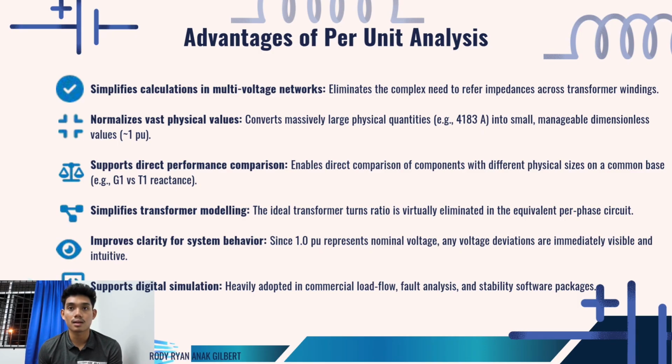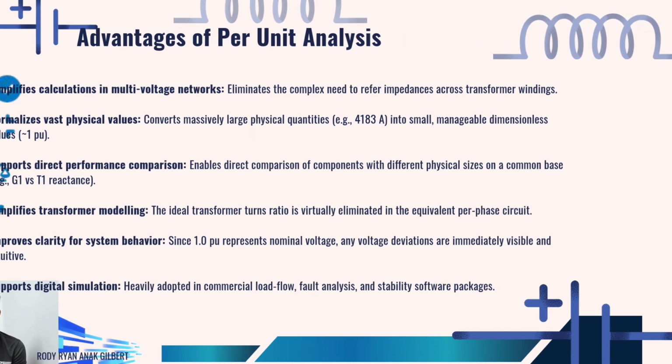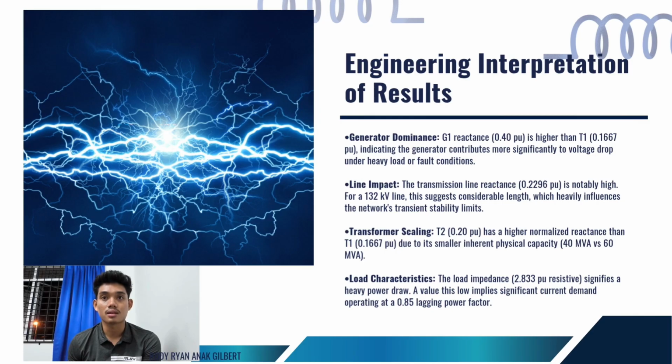So learning it gets us ready for real world load flow, and in our result, we can see some clear takeaways. Generator G1 has a reactance of 0.40 per unit, which is much higher than T1, 0.1667, meaning the generator will cause a big voltage drop when the system is under stress. The transmission line sits at 0.2296 per unit, which is pretty high for a 132 kilovolt line.